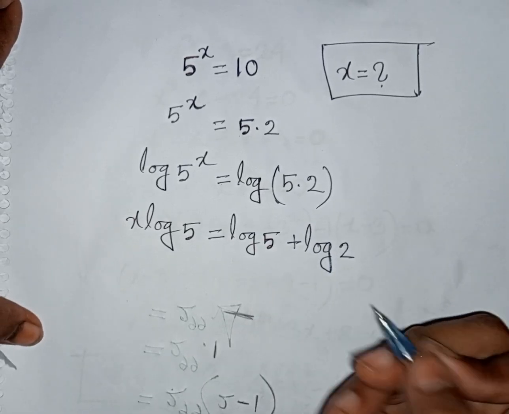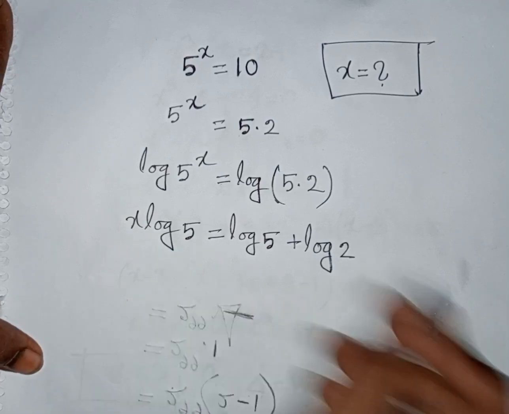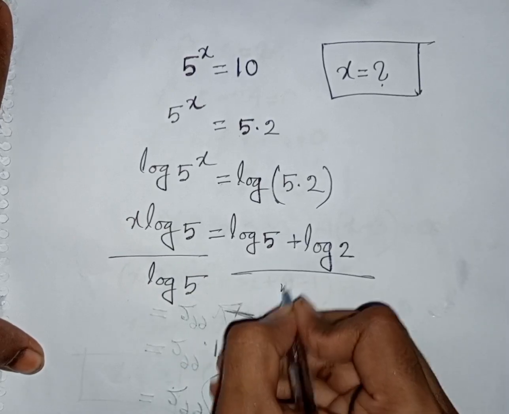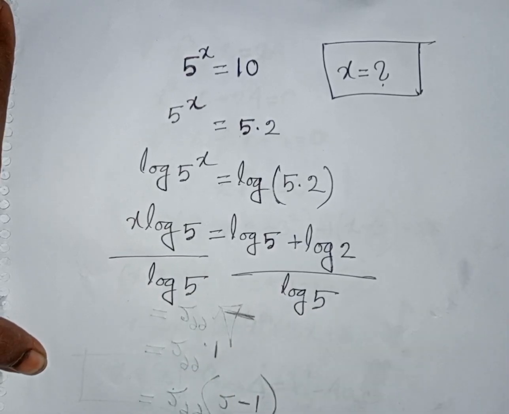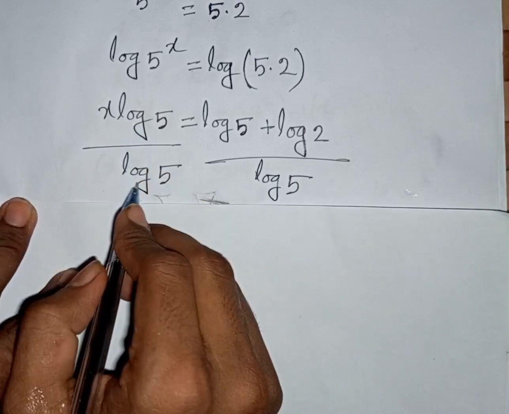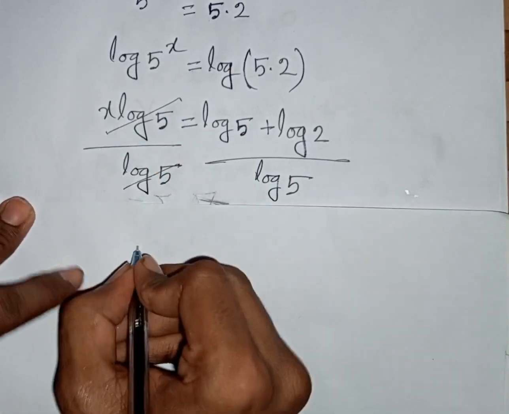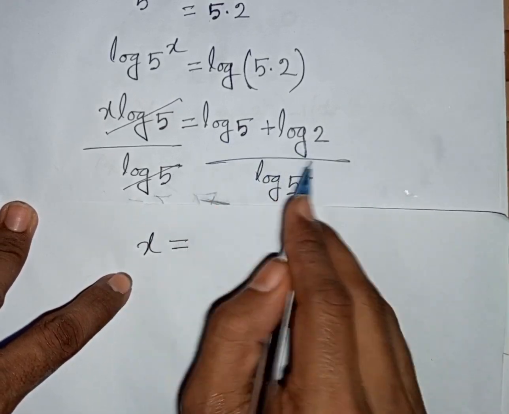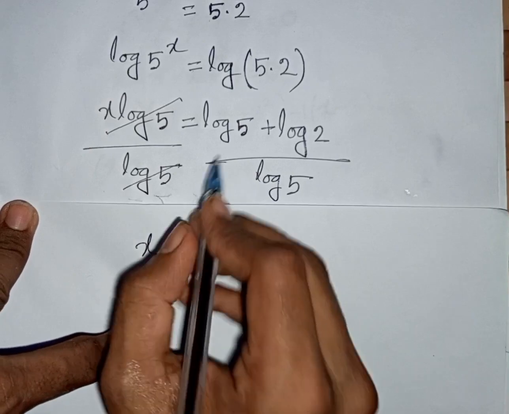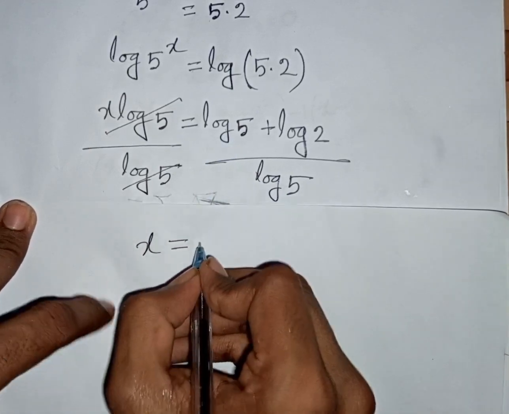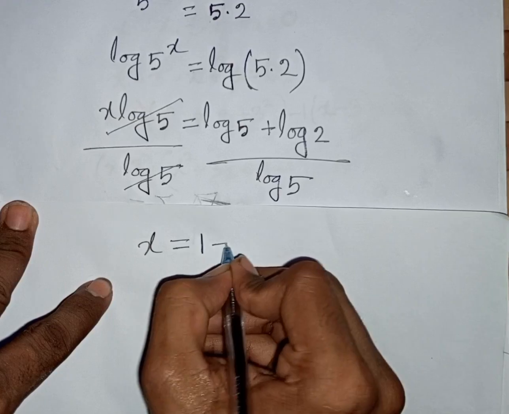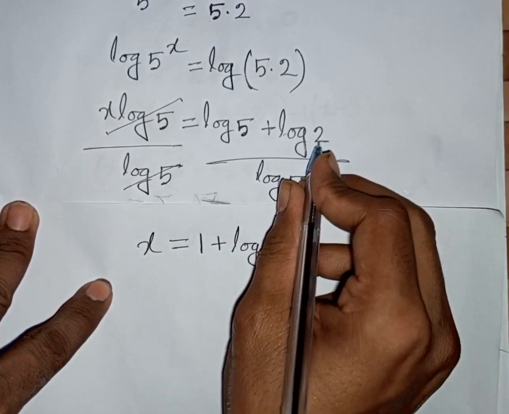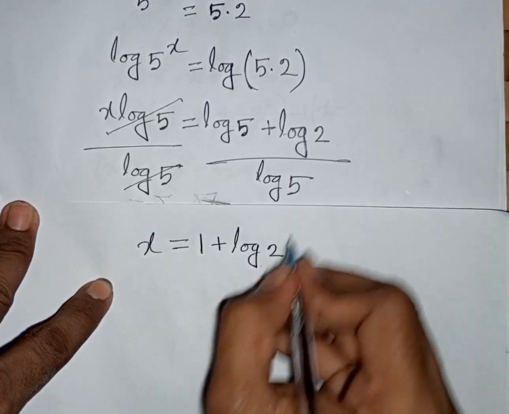Now we need the value of x, so we divide by log 5 on both sides. Now we see this log 5 will be cancelled, so here x will be equal to log 5 divided by log 5, so it will be 1, then plus log 2 divided by log 5, that means log 2 base 5.